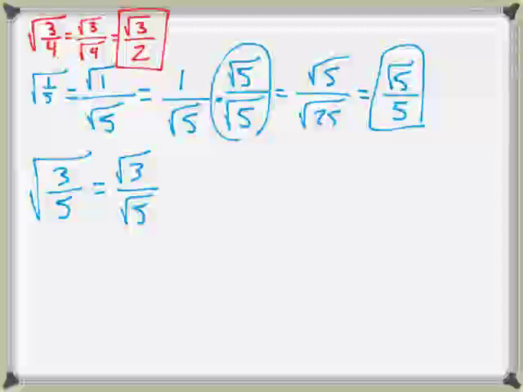We're not allowed to leave that square root on the bottom, so we're going to multiply by it. We are only concerned with fixing the bottom of the fraction. So on the top, we are also going to multiply by square root of 5, not square root of 3, because we want to be multiplying by 1, something over itself.